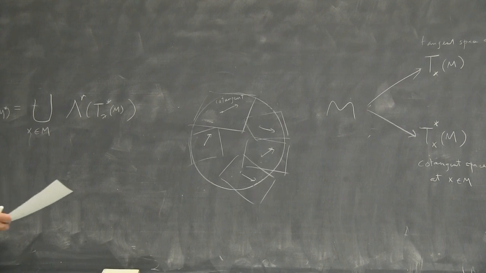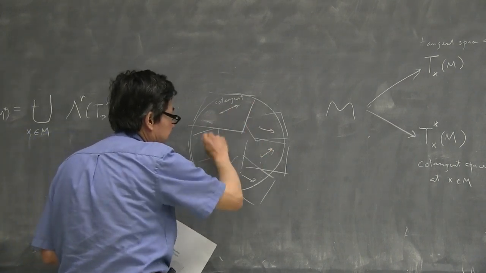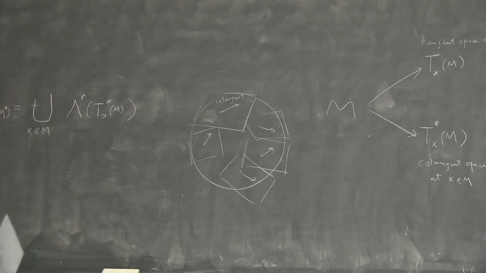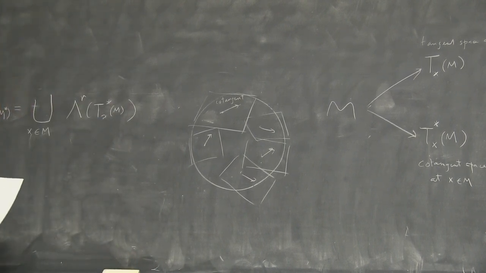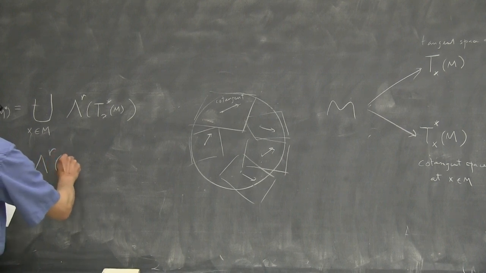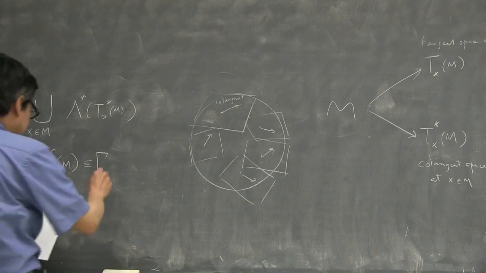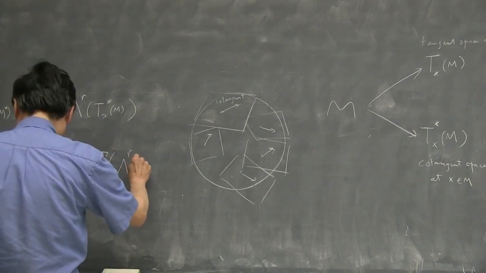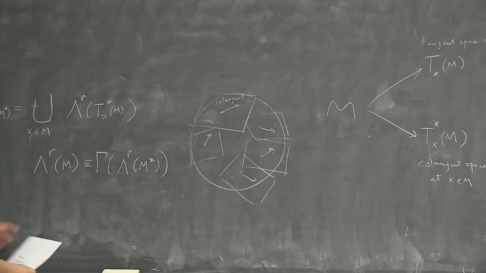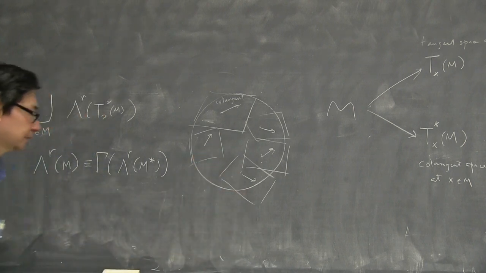Now I think of choosing a cross section. That means choosing some anti-symmetric vector at each point, okay? And then what I have is a field of forms now. This gamma in here is the set of all cross sections, okay?